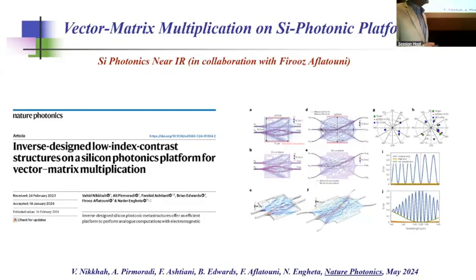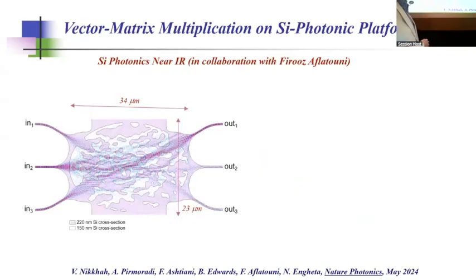So let me show one of these structures that we have over here, which you can see here. What you see over here is the top view of the design that we have in order to do this matrix multiplication. Just to give you an idea, this is about 34 micron, this is about 23 micron. And because we wanted to do it, by the way, in the silicon photonic platform, remember in the Swiss cheese structure I showed you in our previous work, that had two materials.